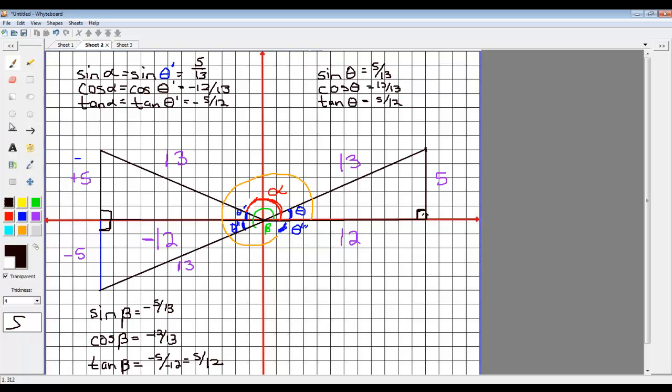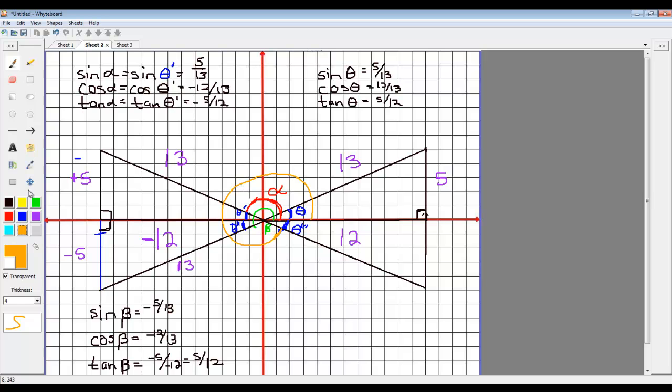But if we draw a reference triangle, we can again see what our sine, cosine, and tangent should be. My sketching here is not the greatest, but close enough.